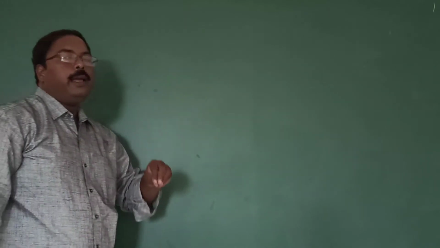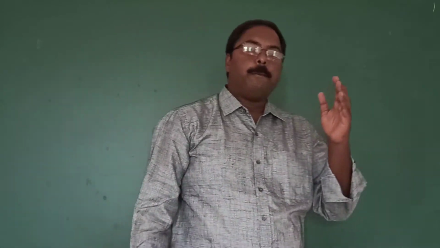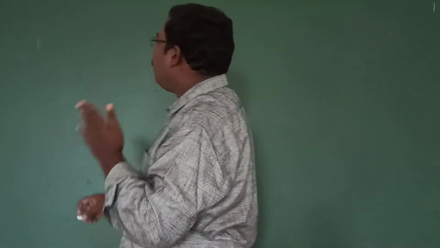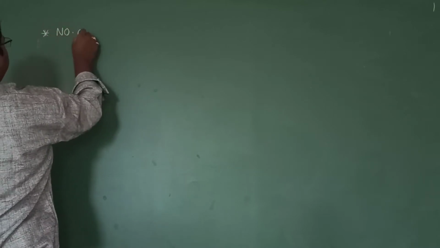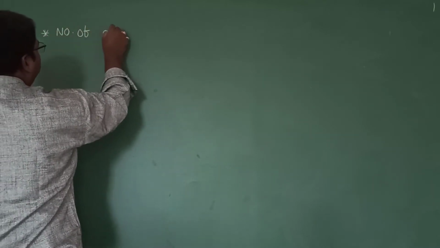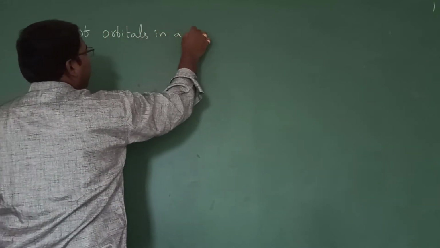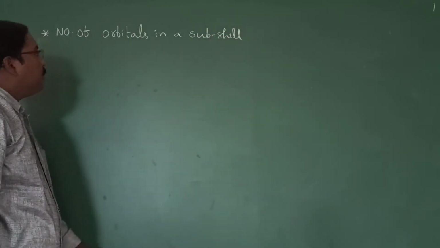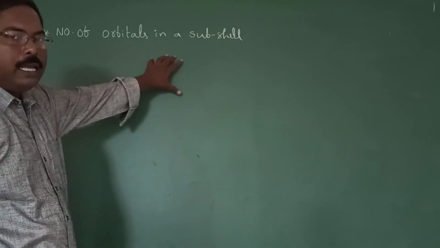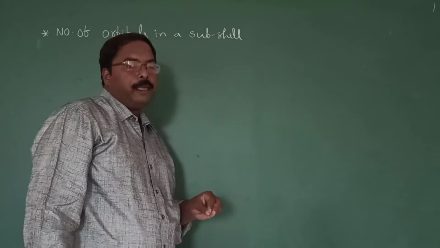I think you got some idea about m values. The values of m will be from minus L to plus L. Now, note down one important point: the number of orbitals in a subshell. Just now we discussed it in detail.